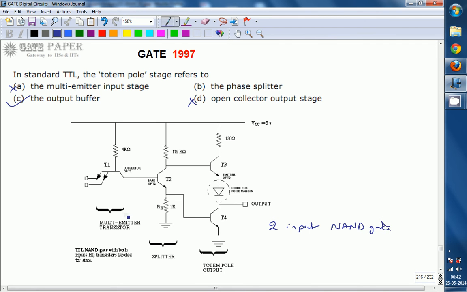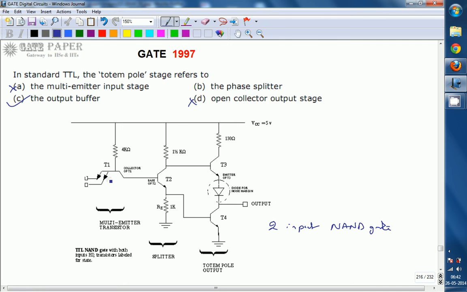If you observe here, with two inputs, T1 is a multi-emitter transistor used at the input side, and it has two emitters. Whereas if it is a four input NAND gate, there will be four emitters for T1. So this is called a multi-emitter transistor, which is used at the input side of TTL.